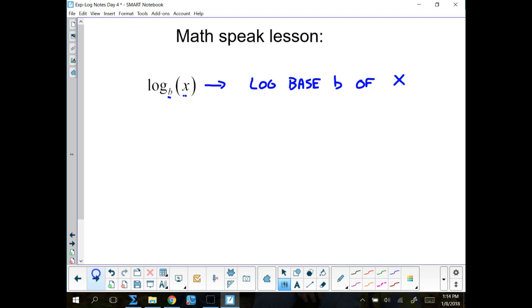Okay? Let's try some. Give me 2 numbers. 2 and 5. 2 and 5 I heard first. So, how do I say that? Log base 2 of 5. Okay? Log base 2 of 5.